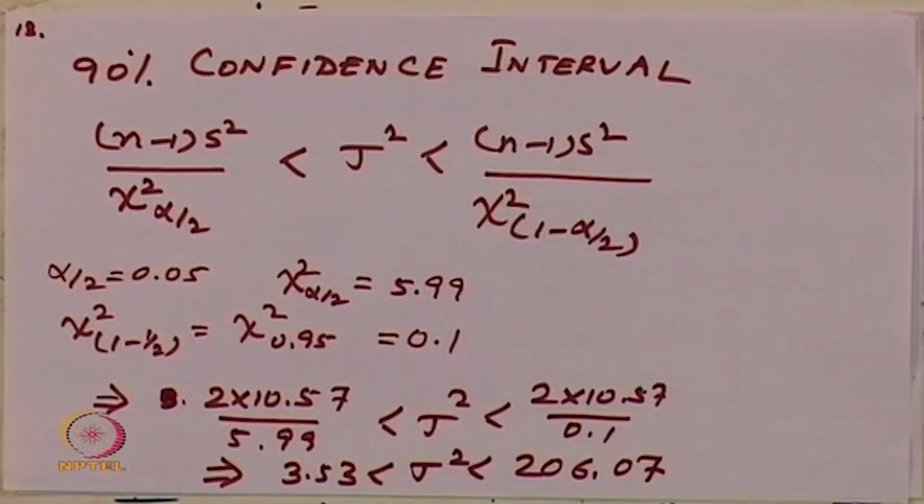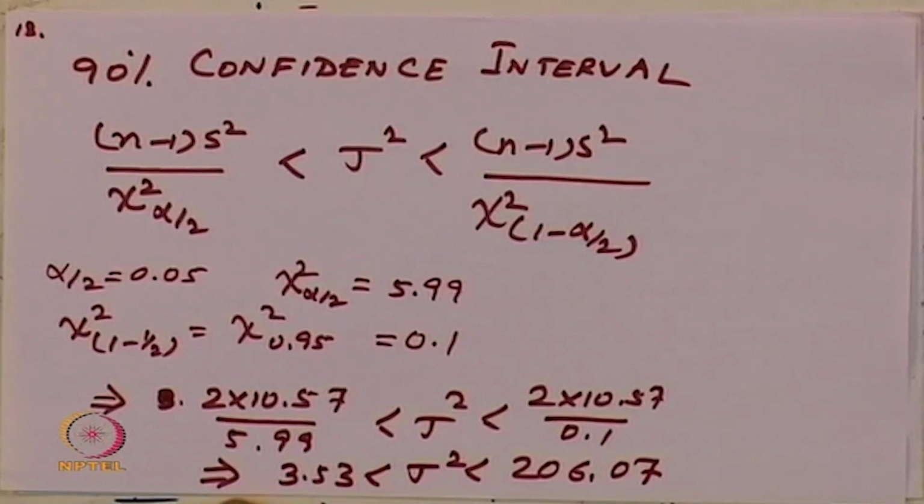Okay. So, what you clearly see is this variance sigma square has a wide range. This tells you that based on 3 measurements you really cannot say whether your standard deviation is 2 or not. Okay. With that I conclude our class for today, and today we had briefly discussed how you can do the student's t-test.